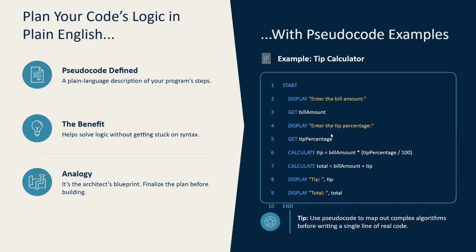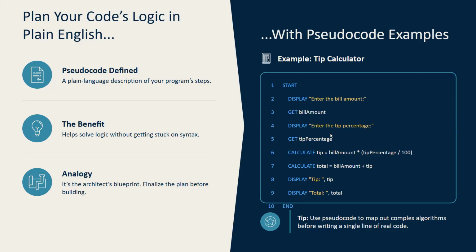And the next idea building on that would be pseudocode. Now, I guess some of you have already heard about what pseudocode is, but for those of you who haven't, pseudocode is just a plain English description of your program steps. It helps you focus on the logic of the solution without getting stuck on the syntax or worrying about the exact programming language right away.